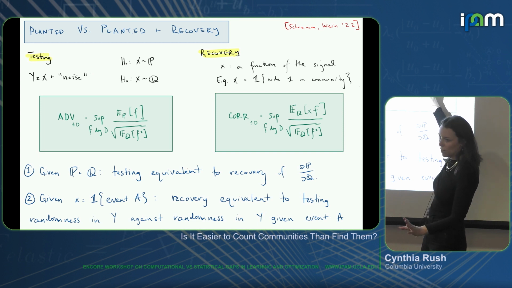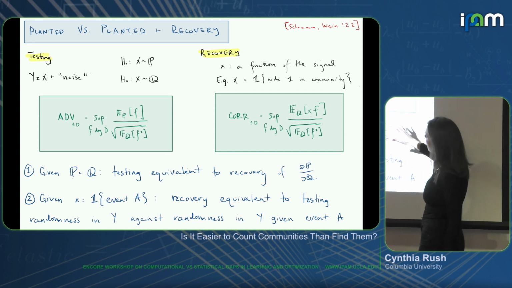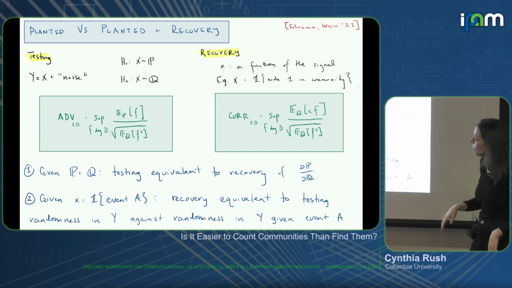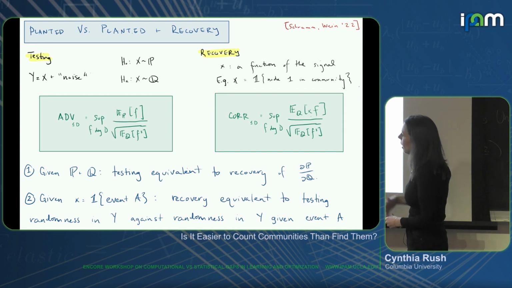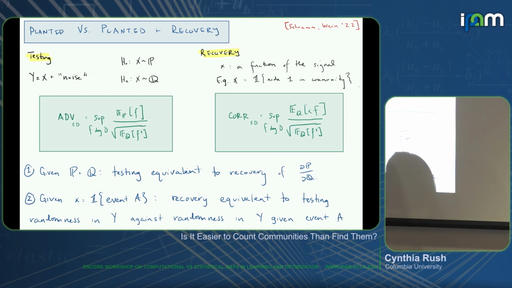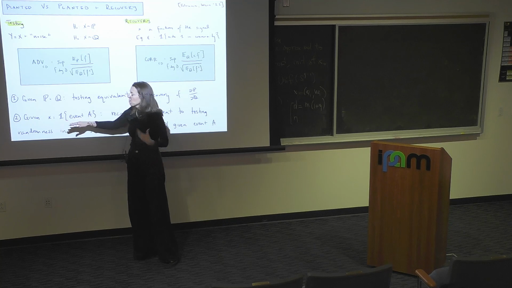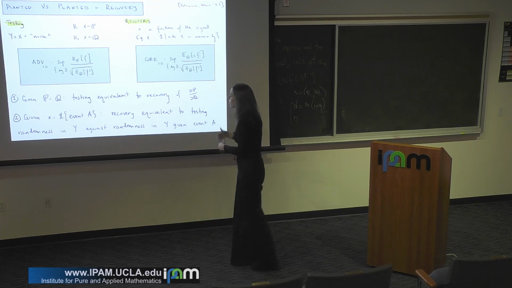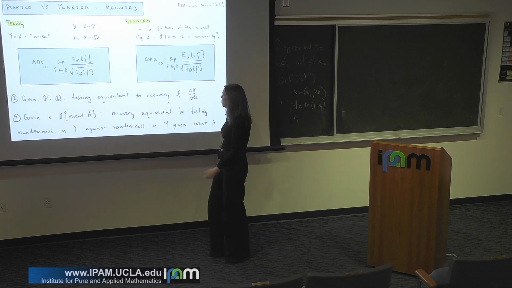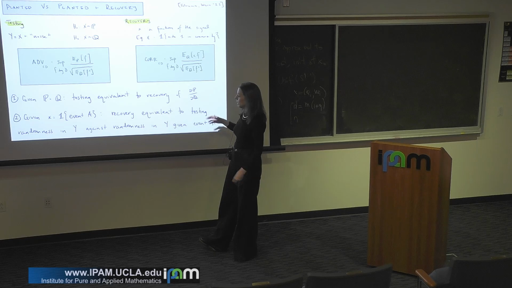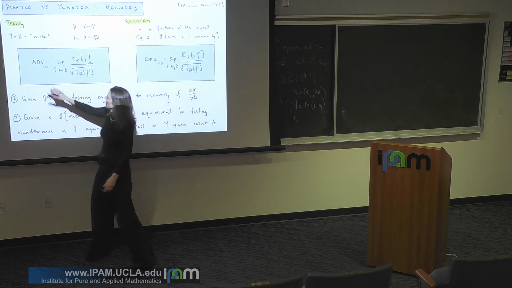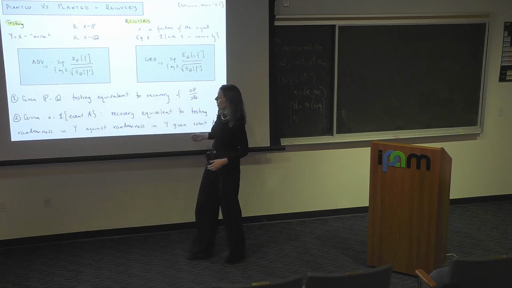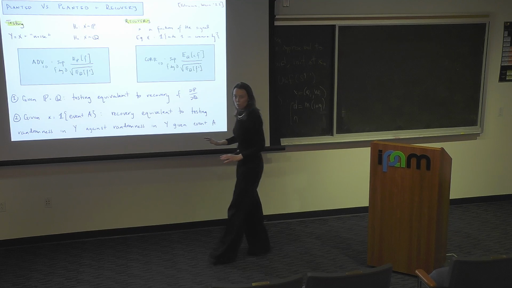And so this is just a change of variables here. So if the likelihood ratio exists, then testing between P and Q is equivalent to recovery of the likelihood ratio. In the other direction, right? So if you're given something you'd like to recover, so the indicator that node 1 is in my community, then using these two frameworks, what you can show is that recovery is going to be equivalent to testing the full randomness in Y versus the randomness in Y conditional on event A having occurred, right?